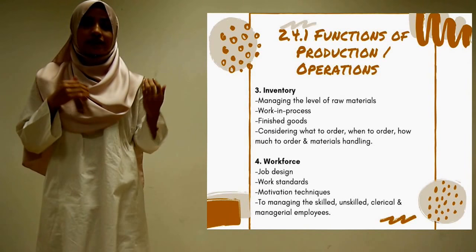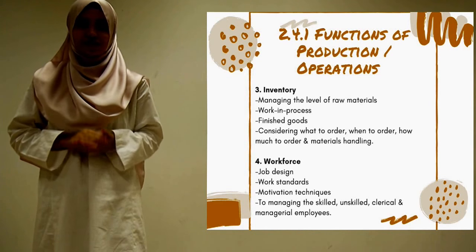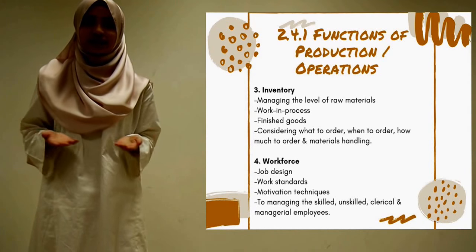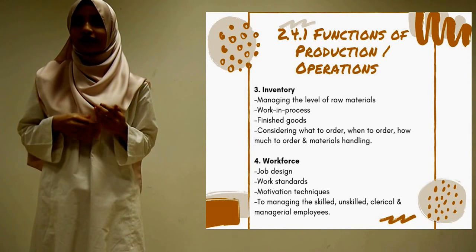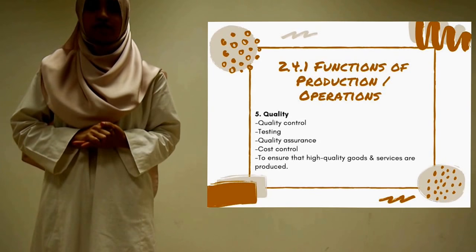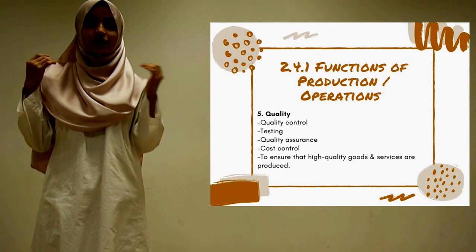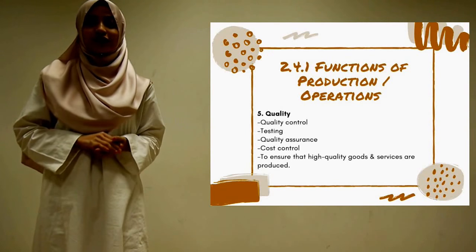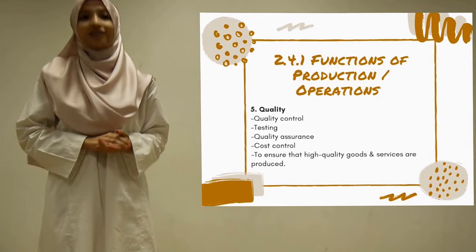This decision involves managing skilled, unskilled, and managerial employees by caring for job design, work measurement, job enrichment, work standards, as well as motivation techniques. The last one is quality, where these decisions are aimed at ensuring that high quality goods and services are produced by caring for quality control, sampling, testing, quality assurance, and cost control.